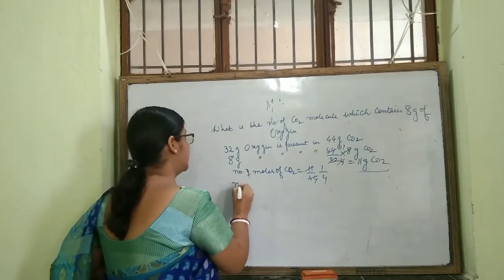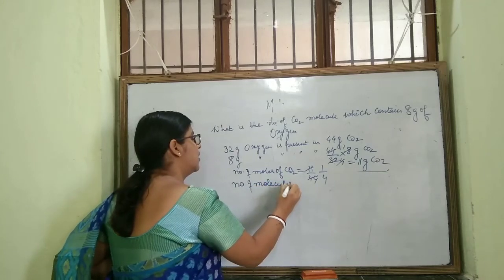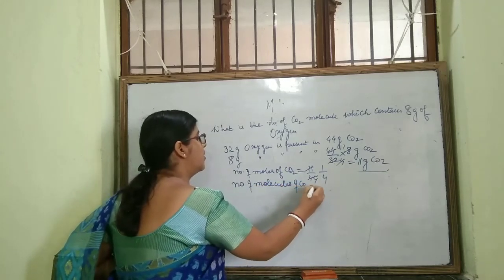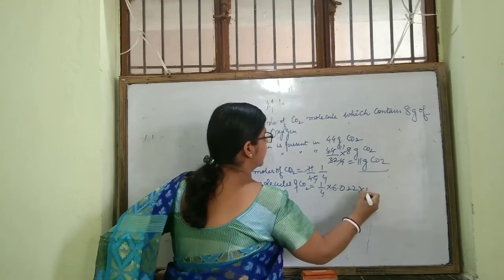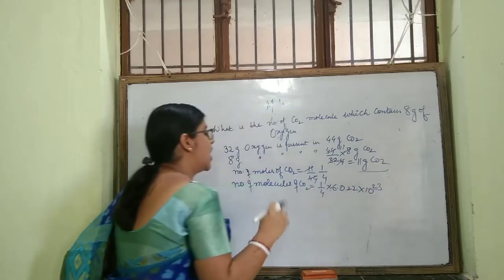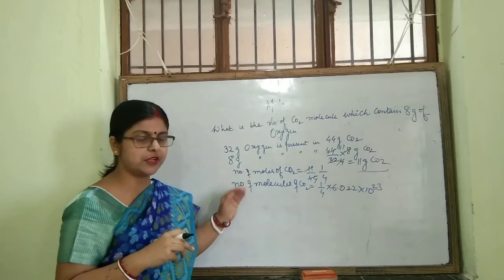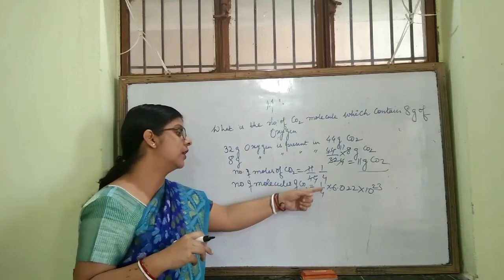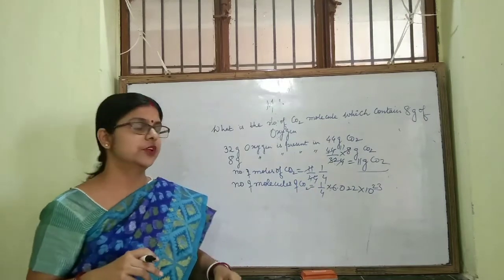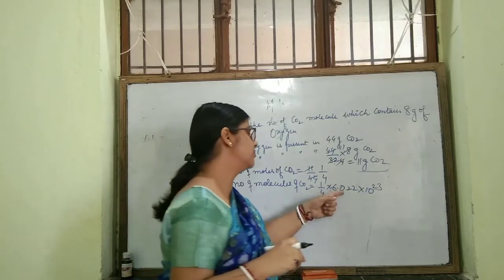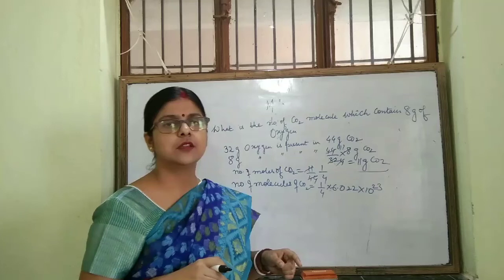Now, the number of molecules of carbon dioxide will be equal to how much? 1 by 4 into 6.022 into 10 to the power 23, because 1 mole contains 6.022 into 10 to the power 23. So 1 by 4 mole will contain 1 by 4 into 6.022 into 10 to the power 23 molecules.